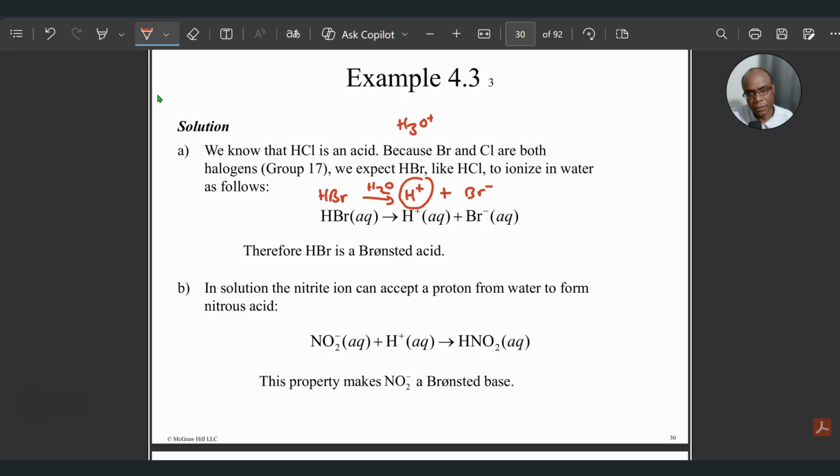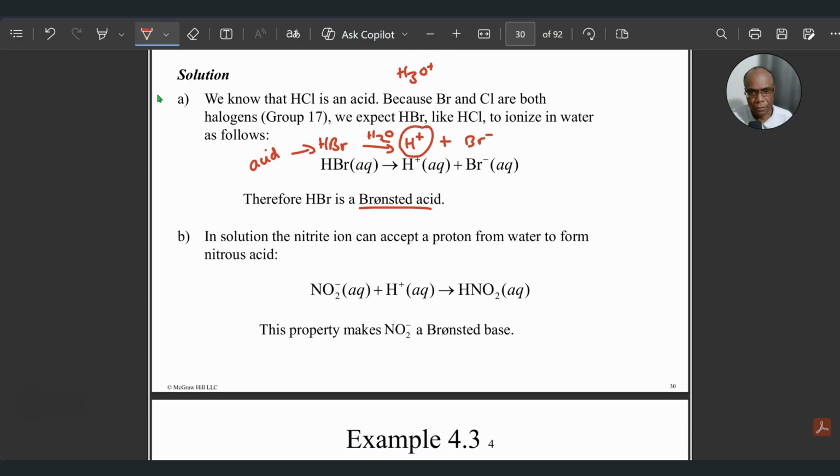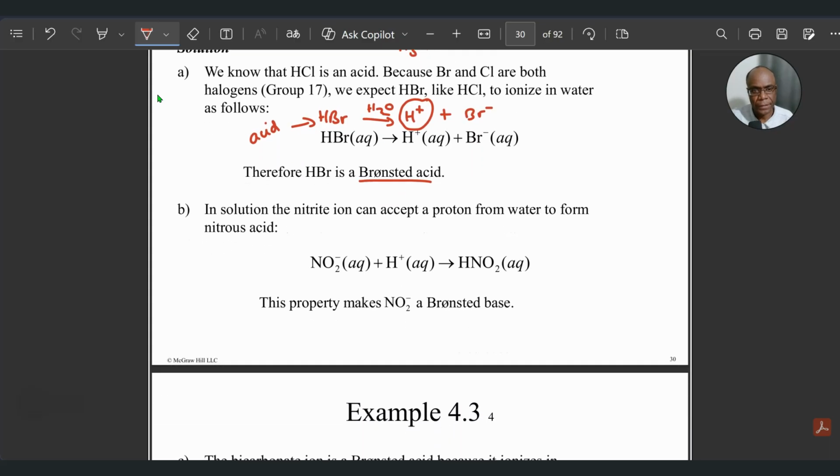So if this is lost or provided to be stolen by something else, then we can conclude that HBr is a Bronsted acid. It ionizes in water to give you a proton according to the Arrhenius definition, but also that proton is now available to be donated away according to the Bronsted definition of an acid, proton donor.